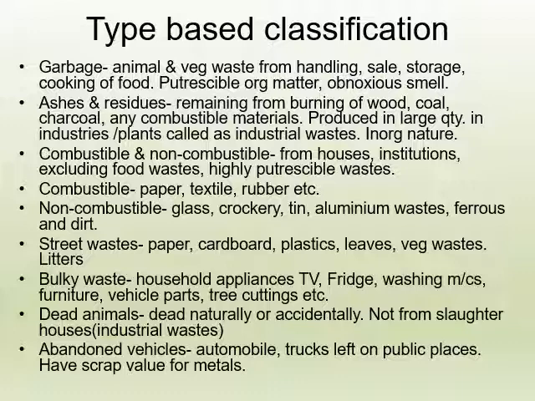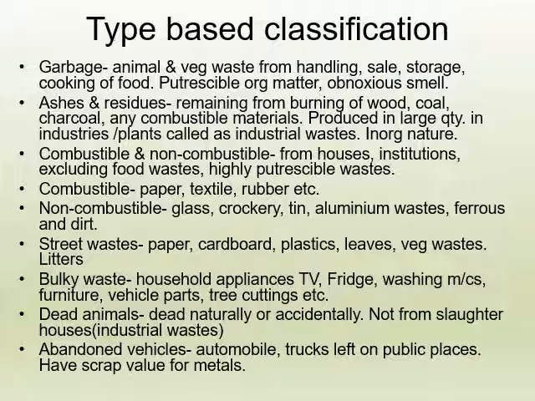So combustible and non-combustible waste can be generated from houses, institutions, offices, excluding food waste and highly putrescible wastes, like paper, textile, rubber, etc. And non-combustible are glass, crockery items, tin, aluminium waste, ferrous iron items, and dirt also.